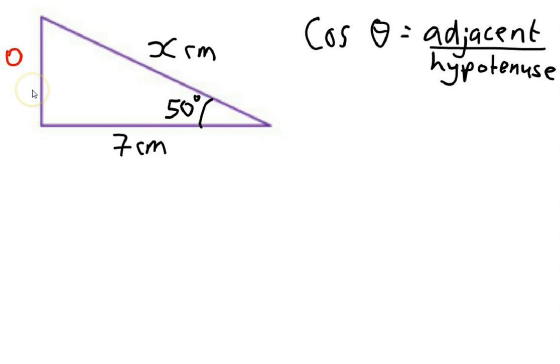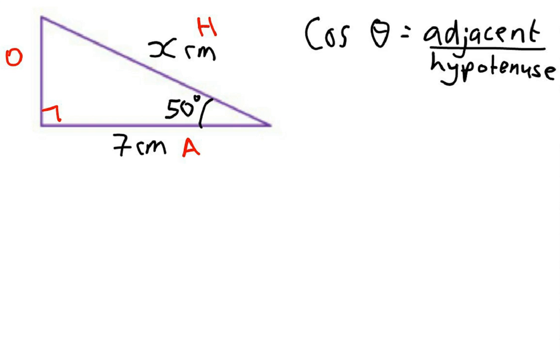The side opposite our right angle, the longest side, is always called the hypotenuse, and the remaining side that the angle sits on is called the adjacent. Once again we want one of the three ratios from SOHCAHTOA that includes the adjacent and the hypotenuse. That is our cosine.